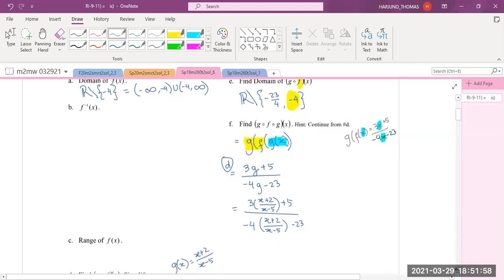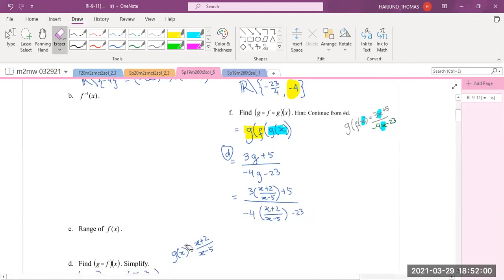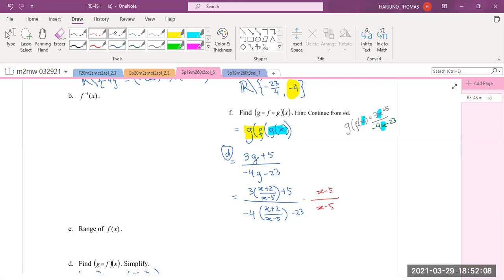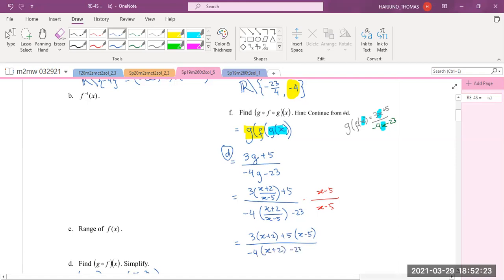Okay, now then from there, we will clean up again, right? Multiply by the LCD x minus 5, then we get 3 times x plus 2 plus 5 times x minus 5 over negative 4 times x plus 2 minus 23 times x minus 5.